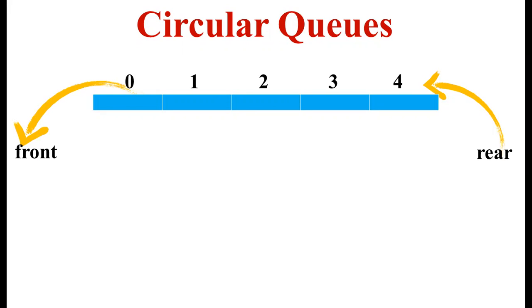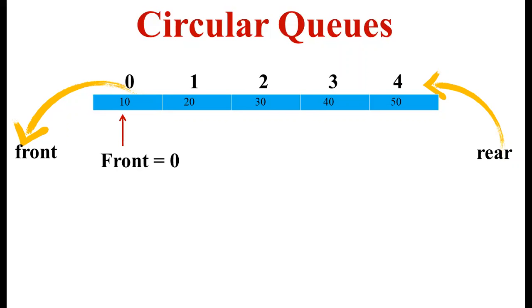Suppose this queue already has some elements, say 10, 20, 30, 40, and 50. Front will always be pointing to the first location with index value 0, which is the starting location. And front is always 0, which cannot be changed.